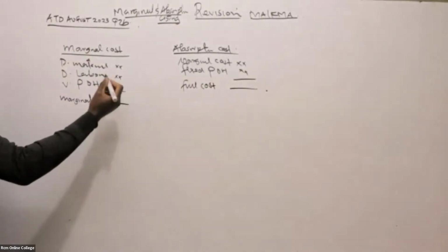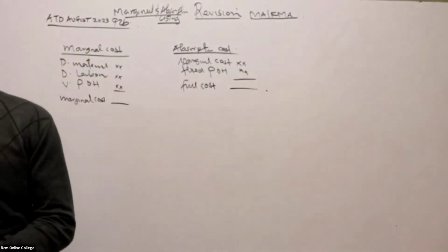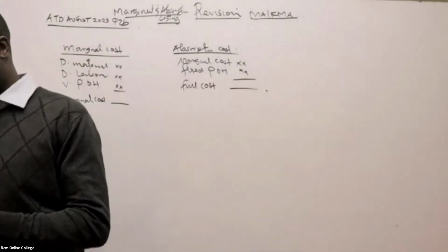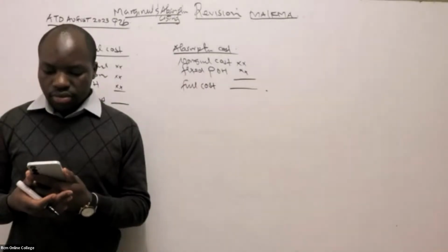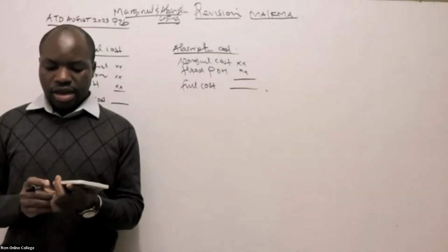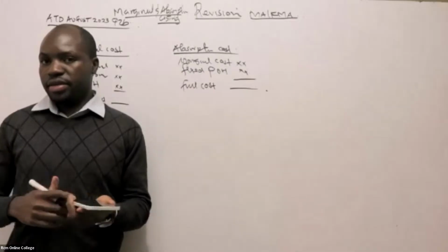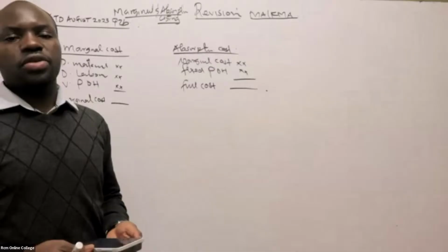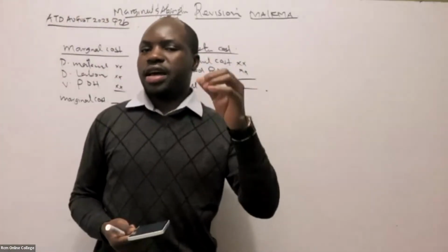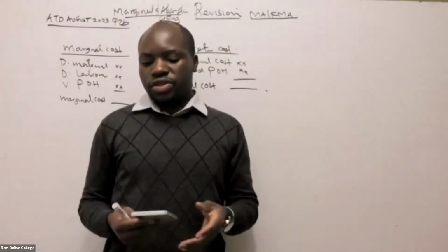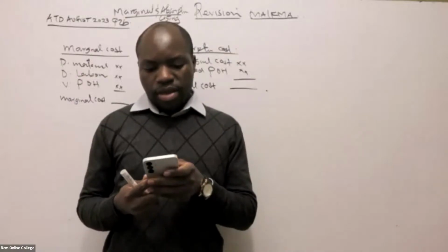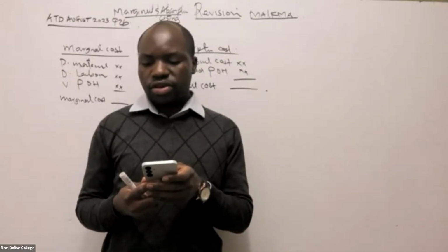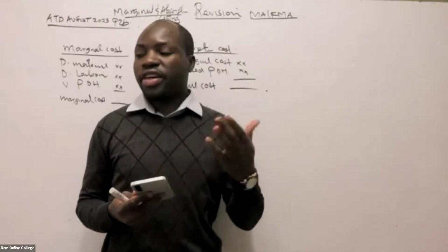So let's come here. Direct material. What is the cost of direct material per unit? The examiner has not given us budgeted production. And if you're not given budgeted production, we assume that what is given there is budgeted and is also equal to the actual. So the material cost is 7,200,000 for 30,000 units.